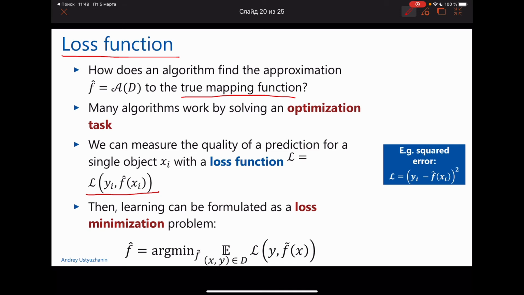Or in other terms, we can rewrite finding f hat as the following formula, where E is the expectation of the values of loss over the dataset D. And examples of loss functions, we can find many. We'll talk about those later. For different cases, different loss functions work best. But a simple example could be a squared error.